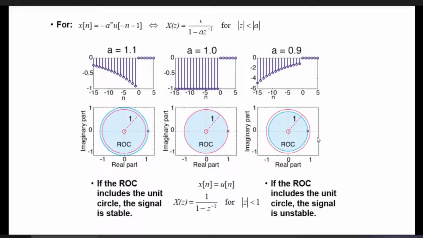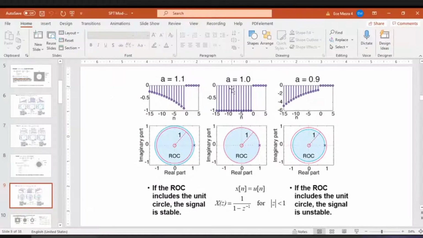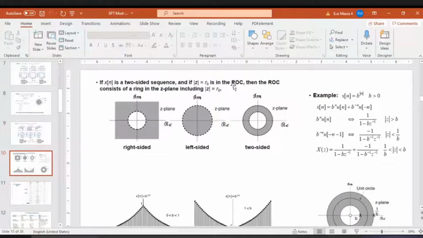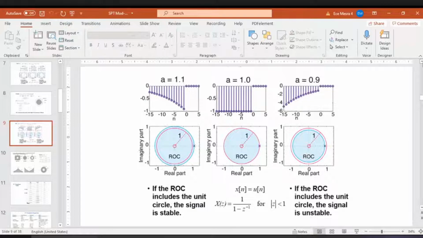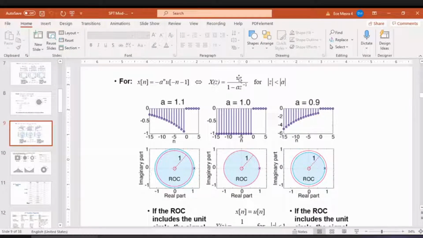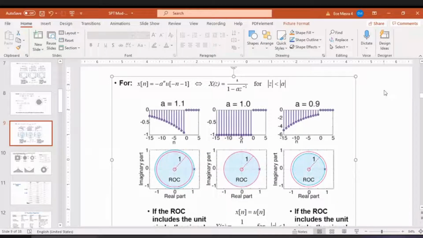Now you can go through this, what the pole-zero plot should be for this kind of signal, that is the anti-causal signal minus a to the power n u[-n-1]. Okay, here you see that actually... let me do one thing. Yes, it is one.